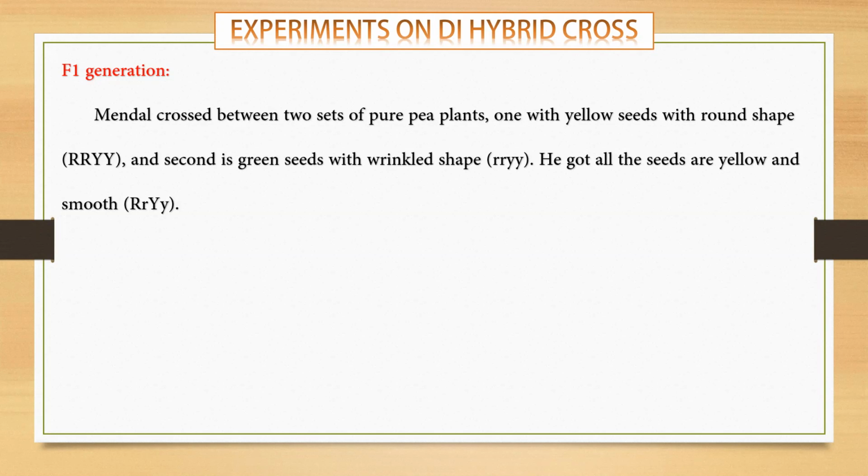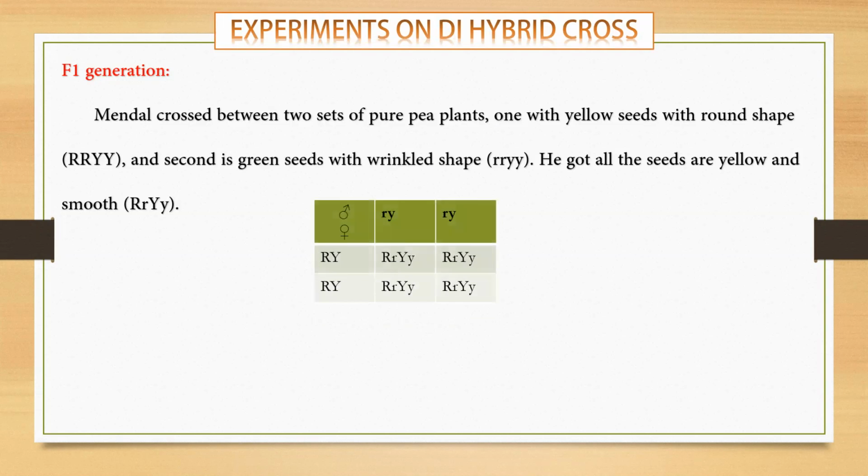While he chose these two as the parental generation, in the F1 generation all the seeds were yellow and round smooth. In other words, he got all hybrid plants.